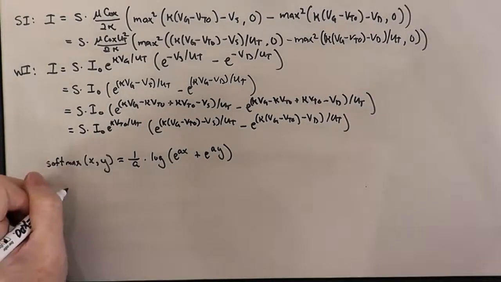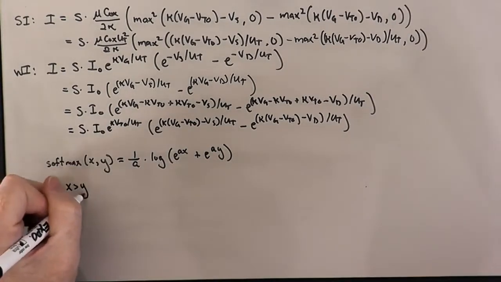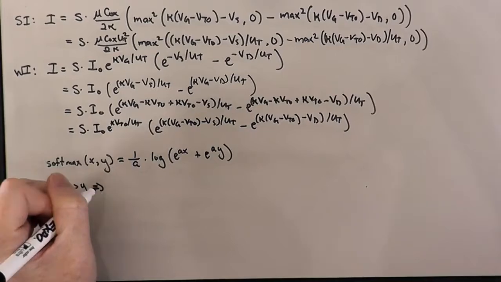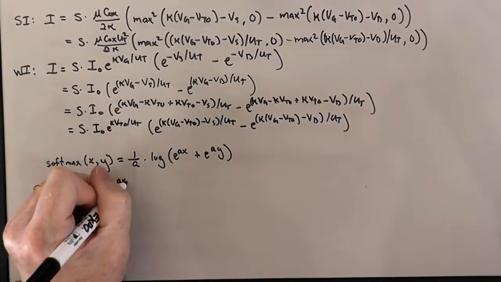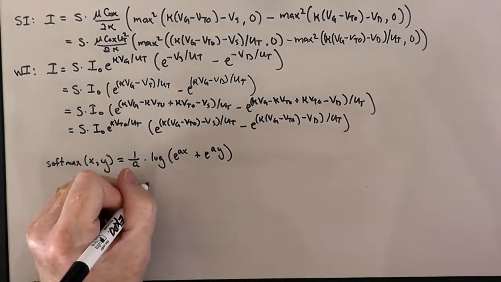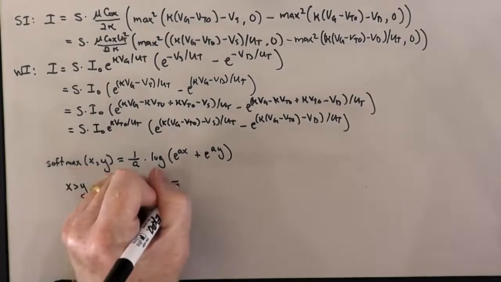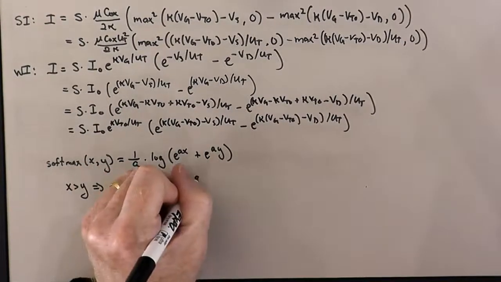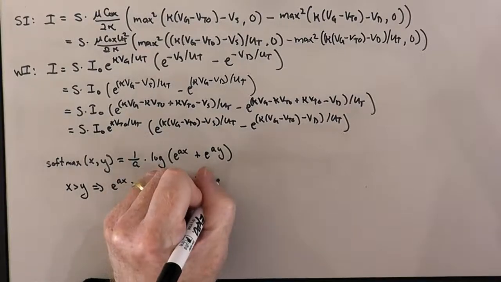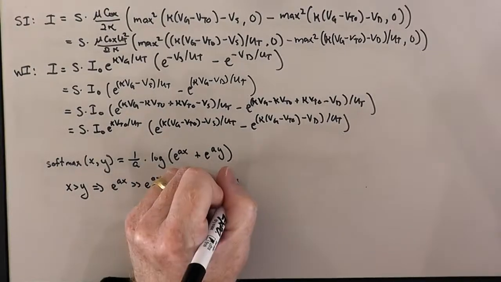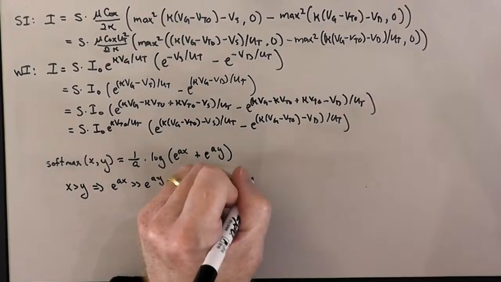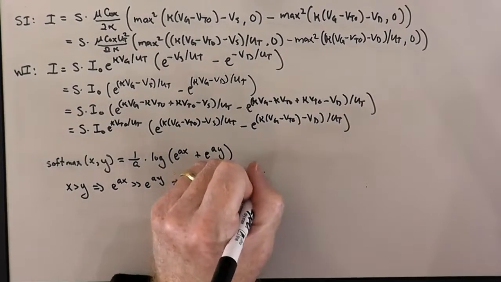Well, if x is greater than y, that implies that e to the ax is much bigger than e to the ay, which implies that e to the ax plus e to the ay is going to be approximately equal to e to the ax.